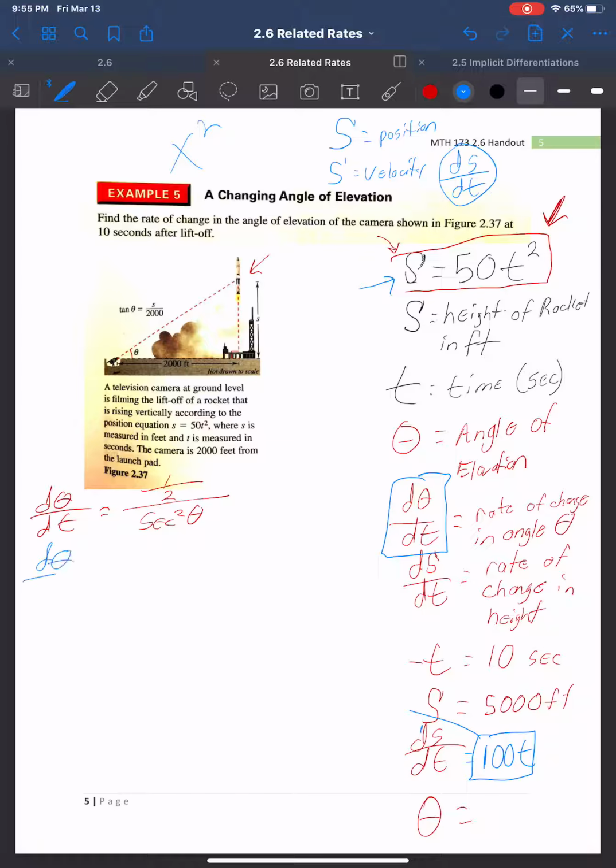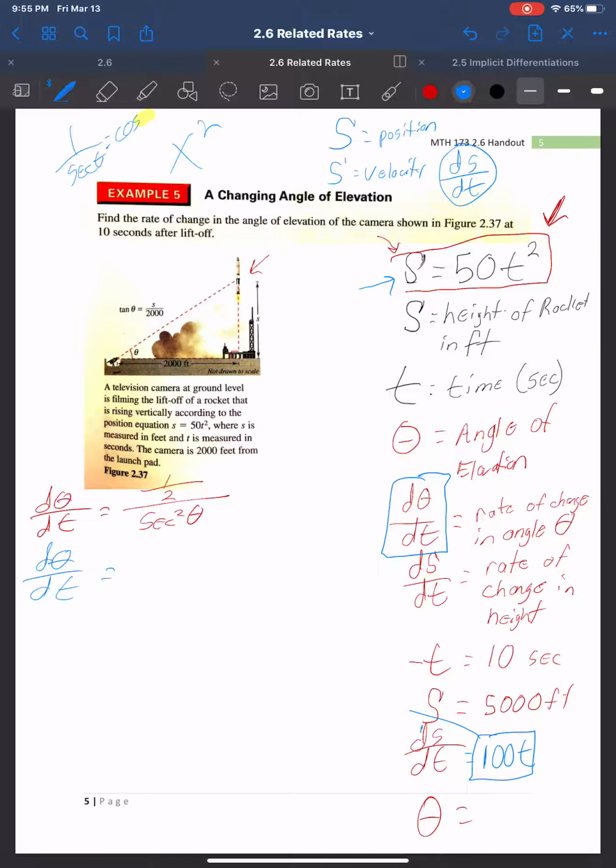So look, d theta dt. Does it make sense that to divide by secant is to multiply by cosine? I'll say that one more time. If you have to, go back to your trigonometry. 1 over secant is equal to cosine, right?